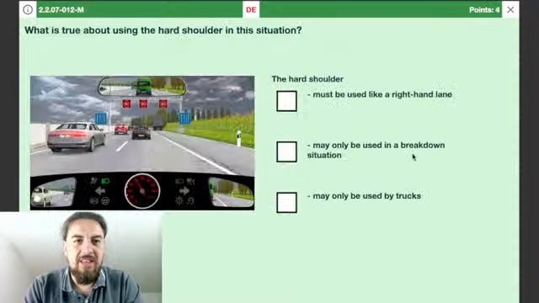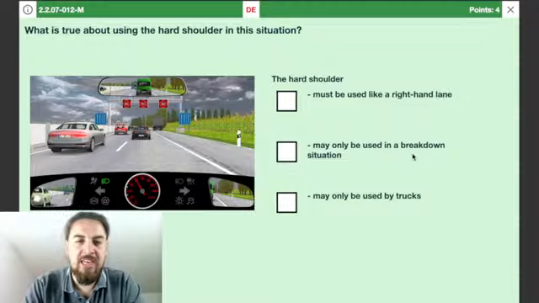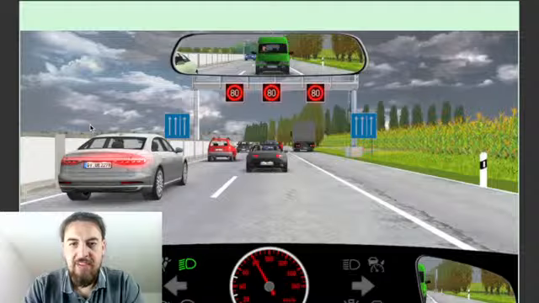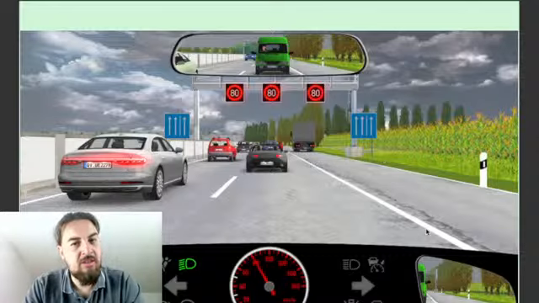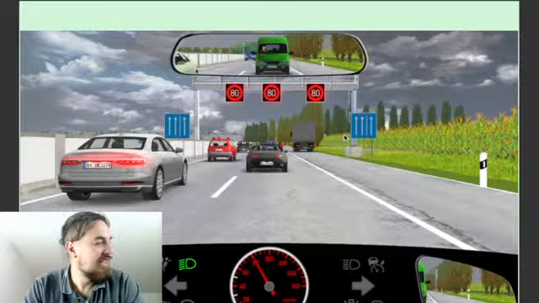All right. What is true about using the hard shoulder in this situation? The hard shoulder must be used like a right-hand lane, may only be used in a breakdown situation, may only be used by trucks. Driving 80, and for that question you have to focus on that sign. Yeah, there we see the continuous line. Normally you're not allowed to pass over this continuous line, but that is an exception.